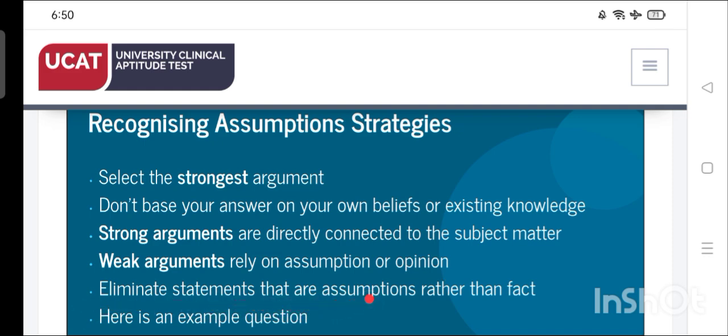Eliminate statements that are assumptions rather than fact. So they are saying that strong arguments are related to the information, or the matter that will be presented to you, and weak ones are only the assumptions that you make in your mind. So that's why you select the strongest argument.